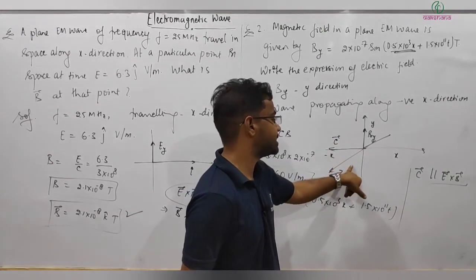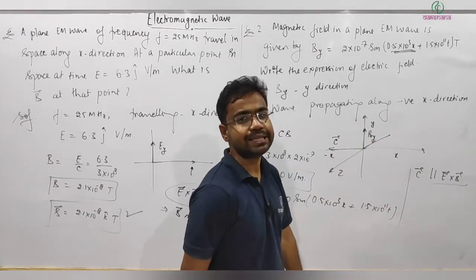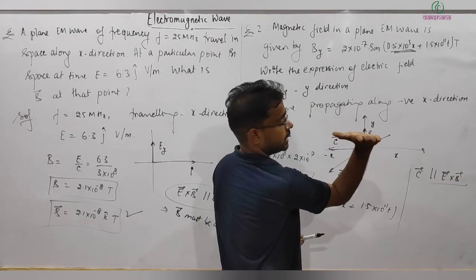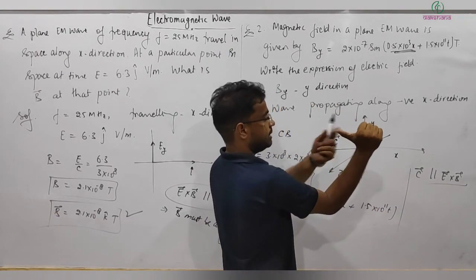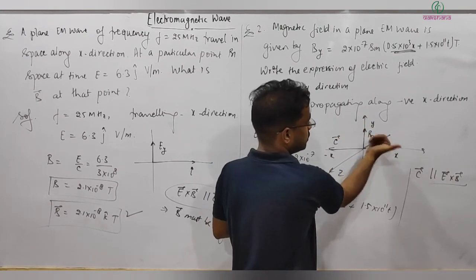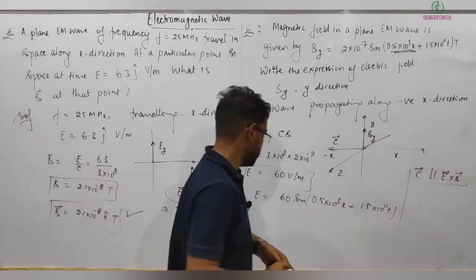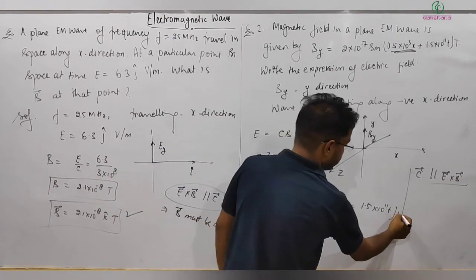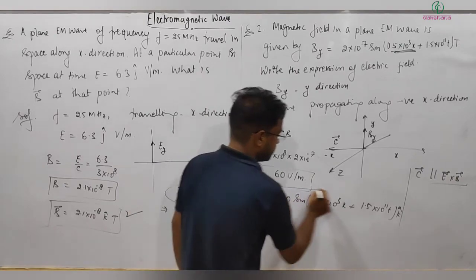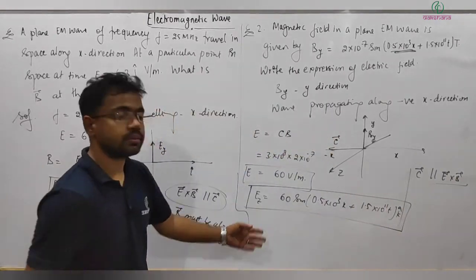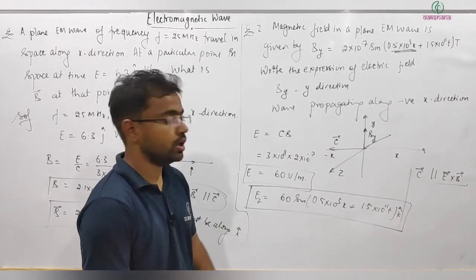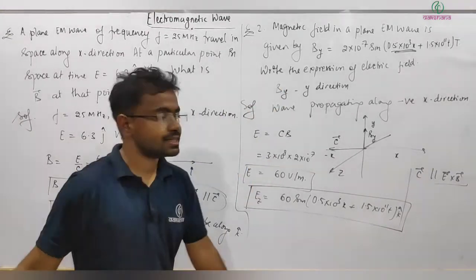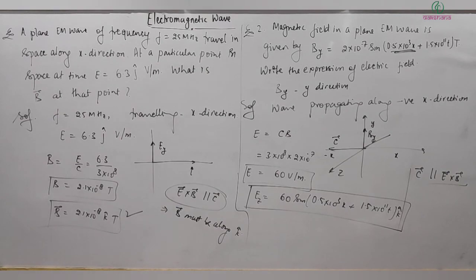The only point is whether it's positive z or negative z, and we can check that this way. E cross B will give you the negative direction one way, and the other way it will give you positive x direction. So this is coming out to be Ez, so you can write it as k cap also. This is the electric field wave, given as such. So this is about that problem. Let's continue from here onward.